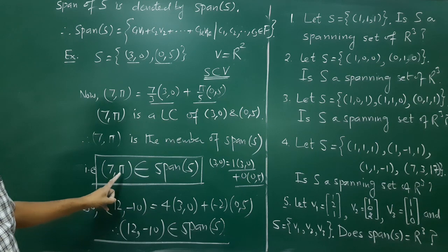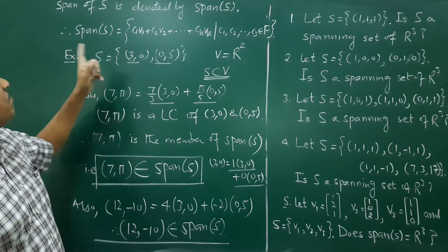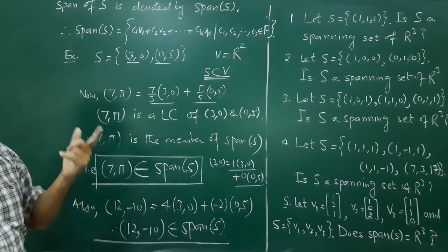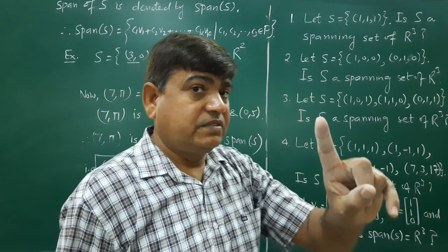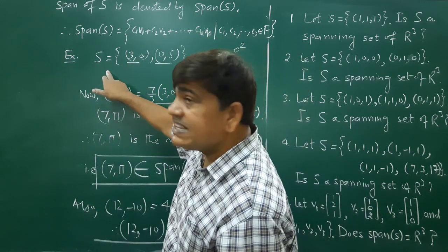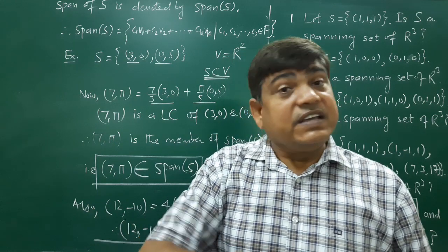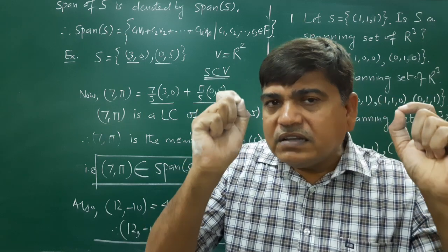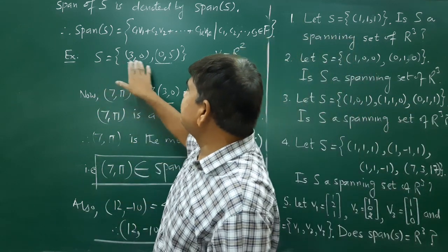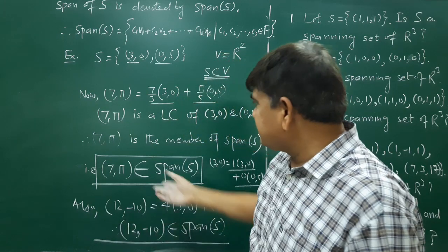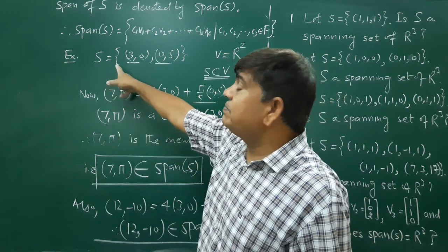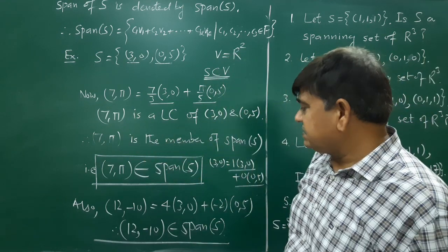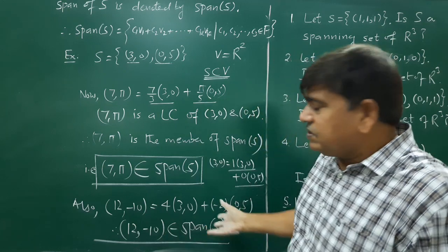Be careful, 7 comma pi is not a member of S here. 7 comma pi is a member of the span of S. See the difference between the set S and span of S. Span of S is the set consisting of the vectors which are linear combinations of the elements of S. So you can say 12 comma minus 10 is also a member of this one.